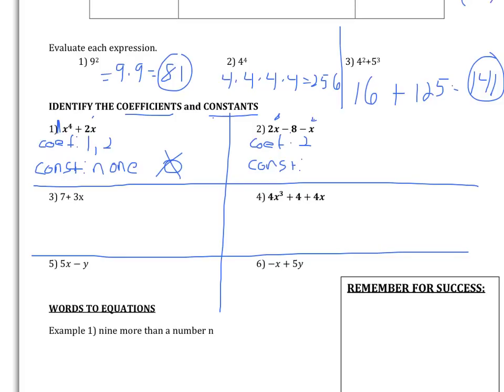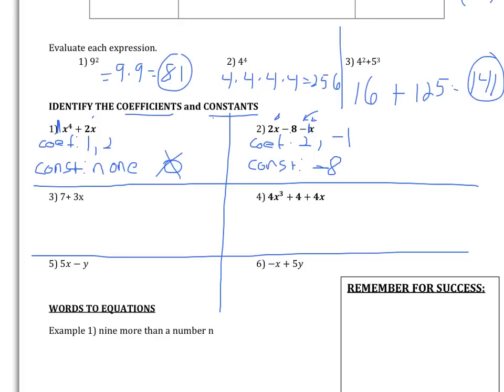You should have said it's not just a hidden 1, but you've got to look at the sign. It's a negative 1. What's the constant, the number all by itself? Well, it's not 8. Look at the sign in front. It's negative 8.